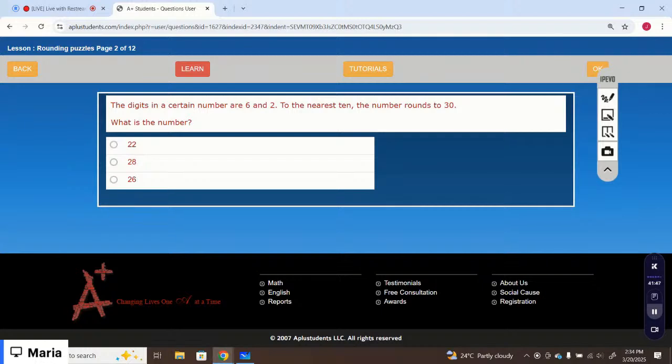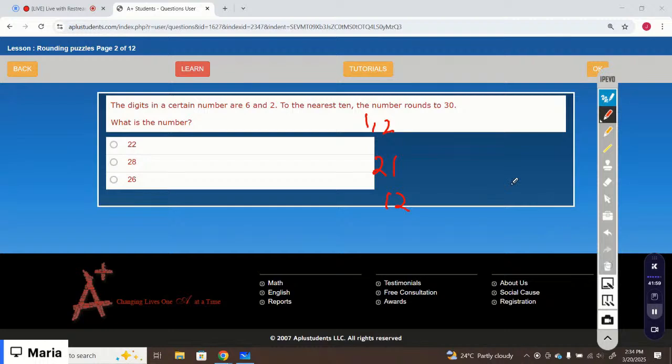The digits in a certain number are 2 and 6. To the nearest 10, the number rounds to 30. So with 2 and 6, you can make two numbers. Either it is 26 or 62. So which number rounds to 30, which is the correct option?